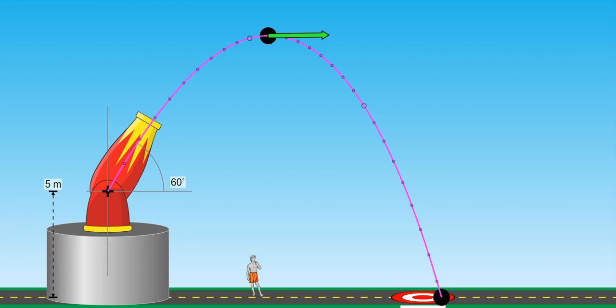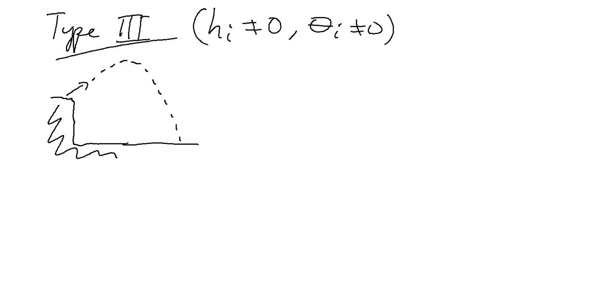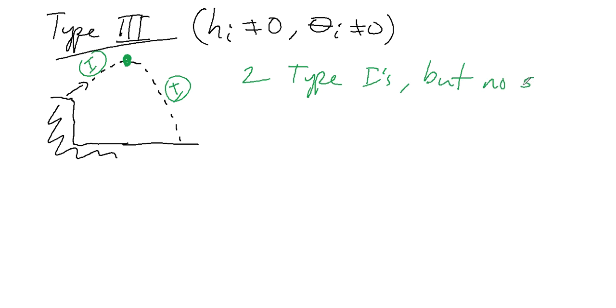So once again, it's great if you split it right at the top. This part right here would be a type 1, and this would be a type 1. So once again, we have two type 1s, but there's just no symmetry. So once again, if you do type 1s, there's no real reason why you can't do a type 3. It all just works out the same.